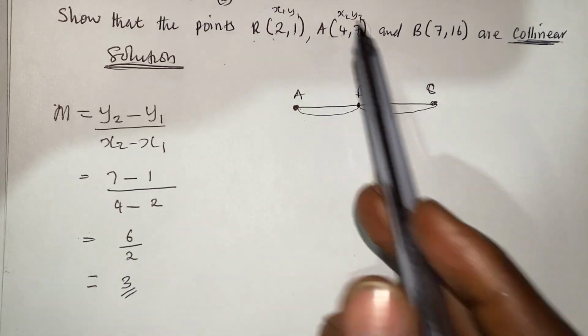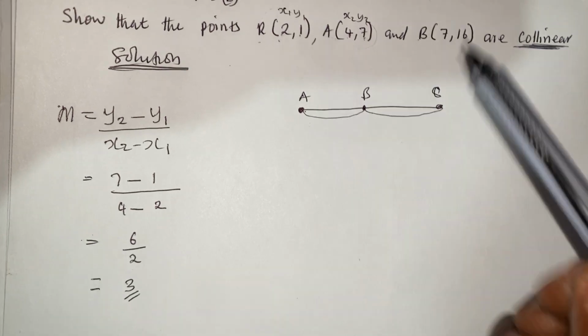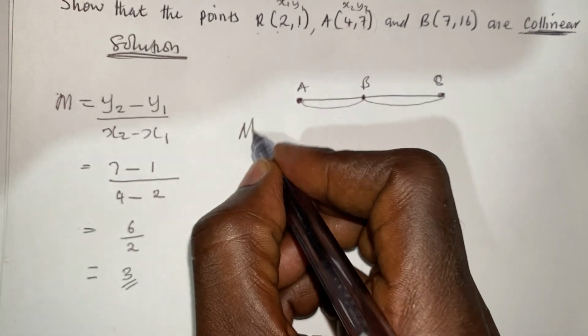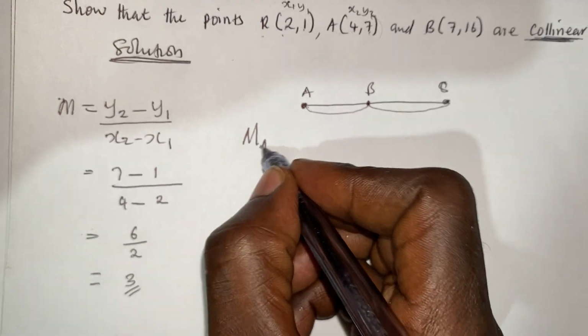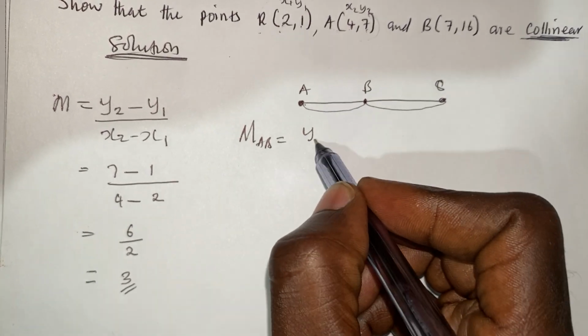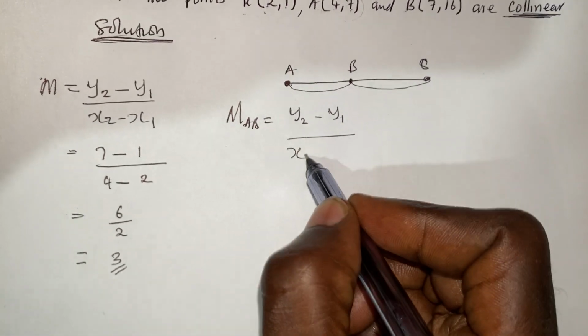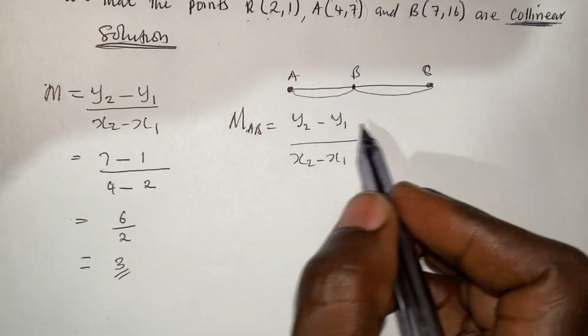So now let's go ahead again and find the gradient between this point and that point. So meaning the gradient of points A, B will be equal to the same formula, y2 minus y1 over x2 minus x1.